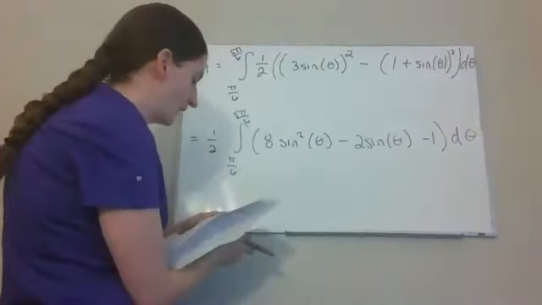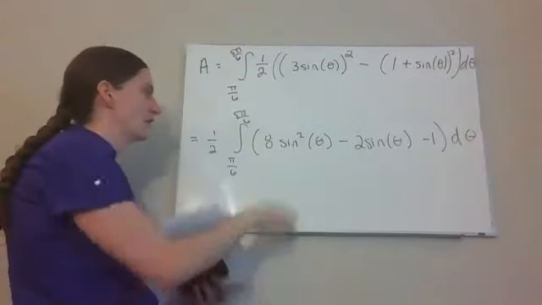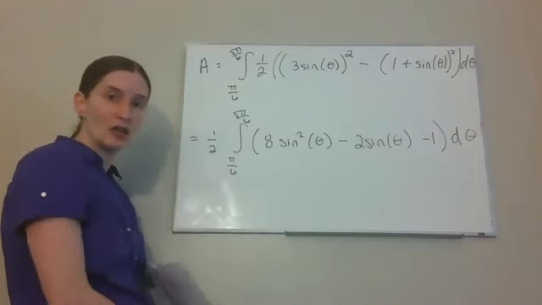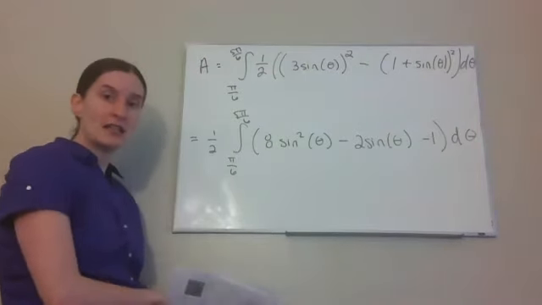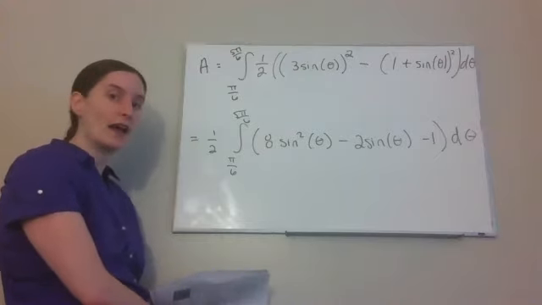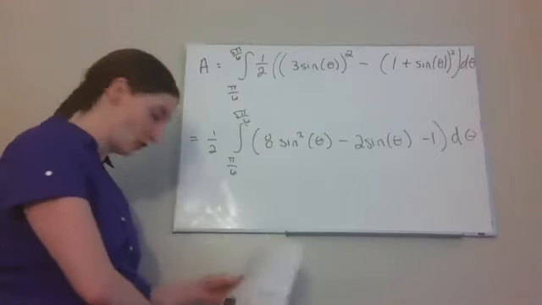And most of this is not going to be an issue, but this 8 sine squared theta, we need to use a trig identity before we can integrate that. You're going to need the trig identity that says that sine squared of x is equal to 1/2 (1 minus cosine of 2x).